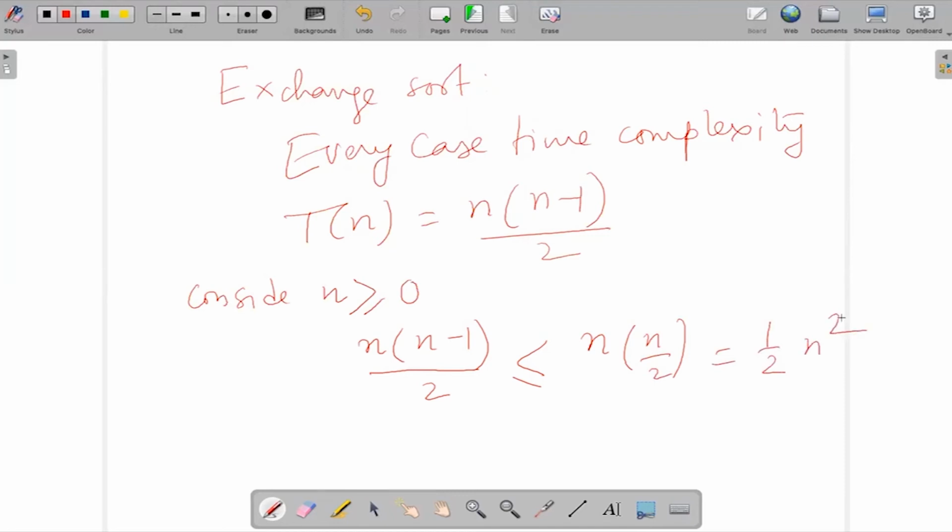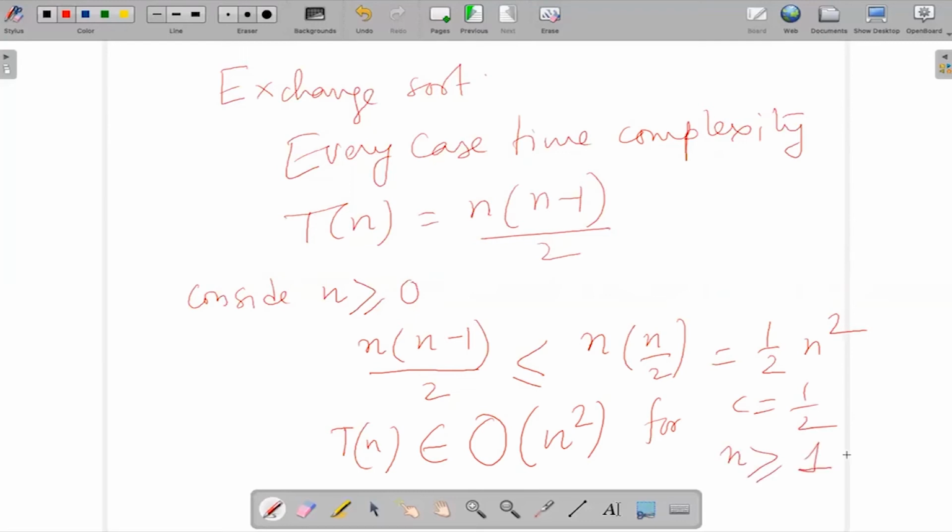And this immediately tells you that Tn is big O of n square for C equals half and n greater than equal to 1, okay. For all n larger than 1 and the choice of C equal to half, we have the above condition holding, and therefore we can say that Tn is upper bounded by n square, or Tn is big O of n square.